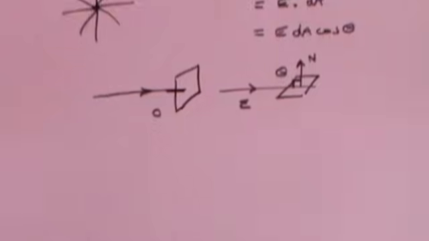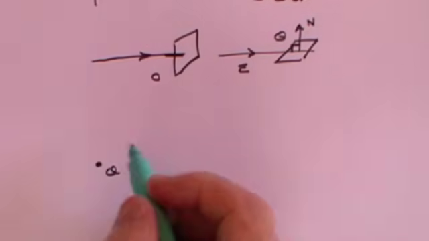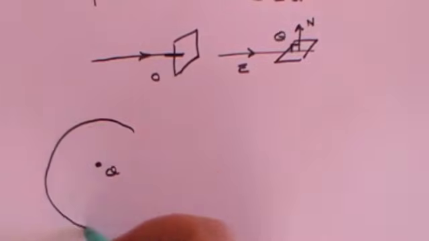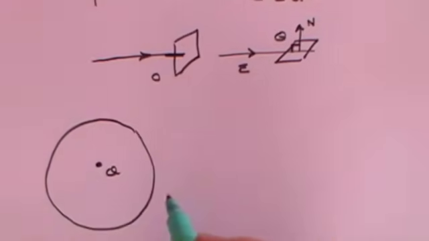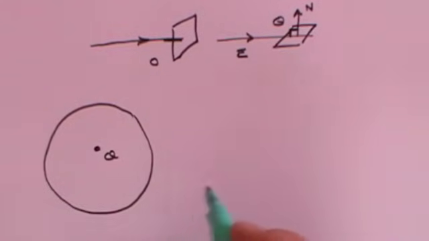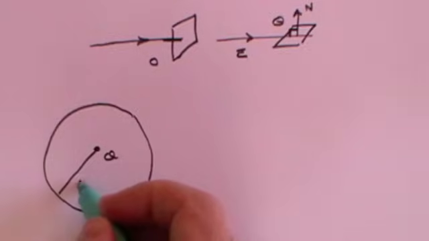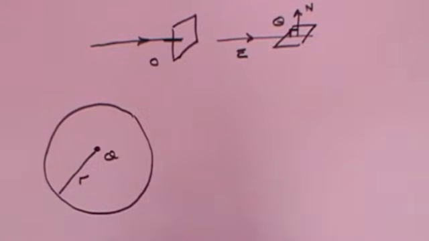So now let's consider a charge. Once again, it's a charge Q, and we're going to construct around it a sphere. Now, this is not a metal sphere. If you like, you can regard this as an imaginary sphere, or if you like, a sphere made out of plastic. So it's just a sphere around the charge, and the sphere has a radius r.